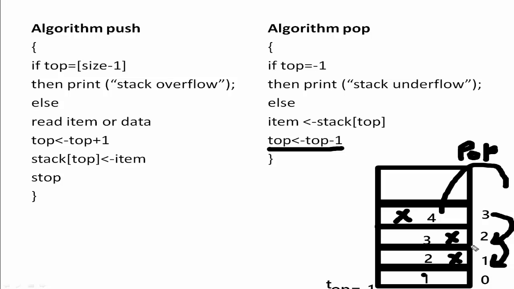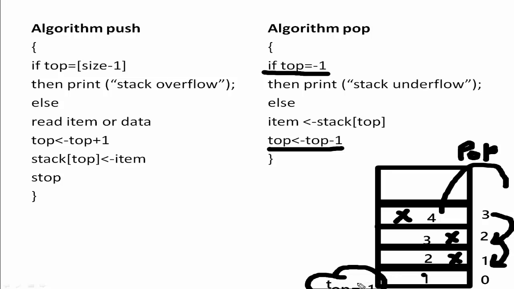Then you are going to pop the item. Now we are going to check top equal to -1. We have reached top equal to -1. So after 0 the stack will be null. There are no more elements inside the stack to pop.